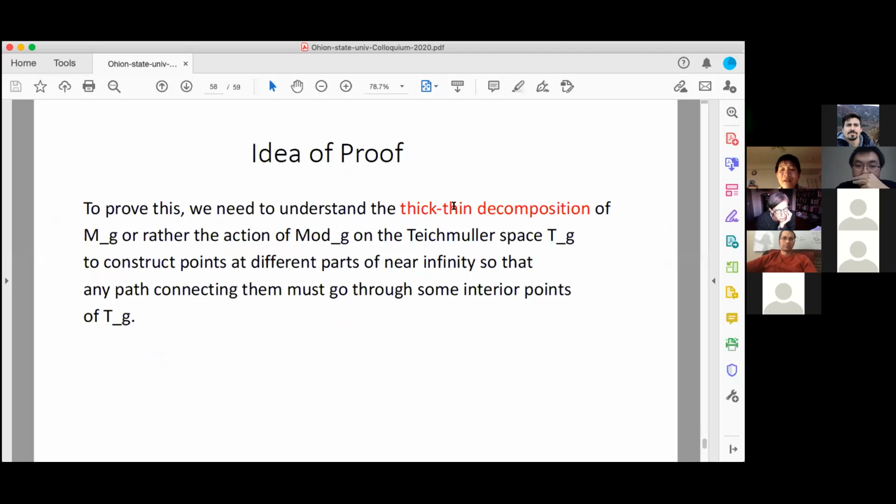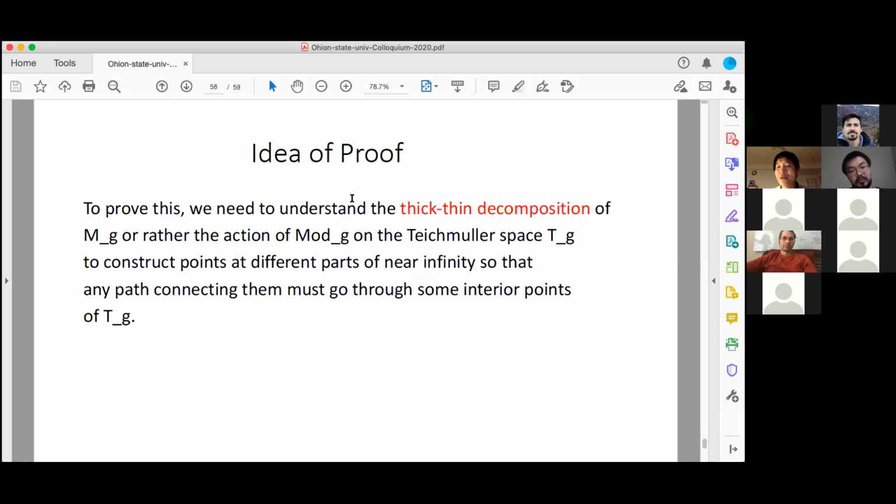Both of them lie in the thin part, but the path must go through the thick part. So that's why the induced length is long, even though when we look at AG, they go to each other very closely. On MG, they have to go through the thick part of the moduli space. So that's how it's proved.